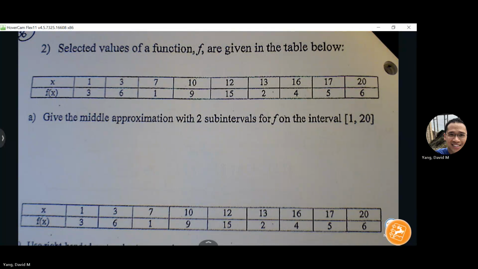Oh, this one, graph. It's left hand right hand.